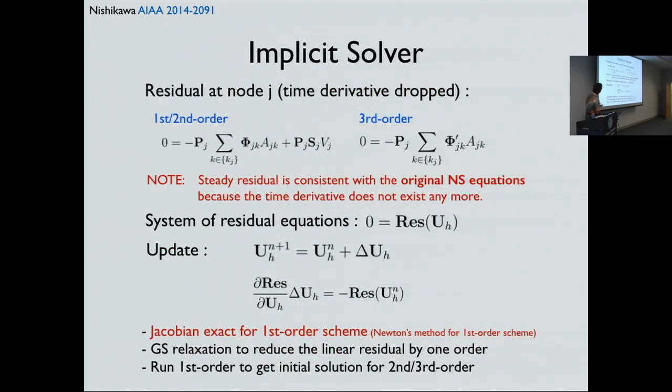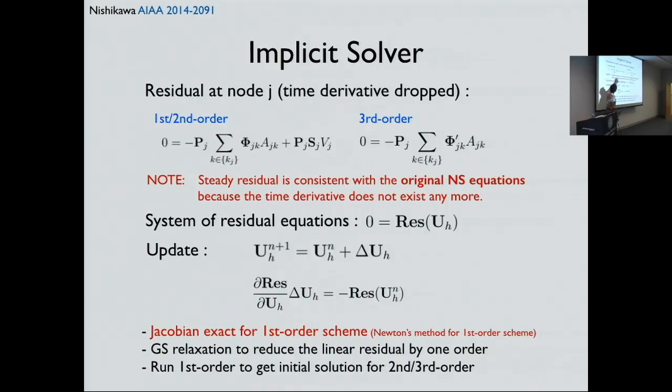And so now I construct an implicit solver. The residual at the node, I completely drop the time derivative. So the residual for the first and second order has this point integration. But third order, there's no point integration, it's in the flux form. And I'd like to point out, now I drop the time derivatives.